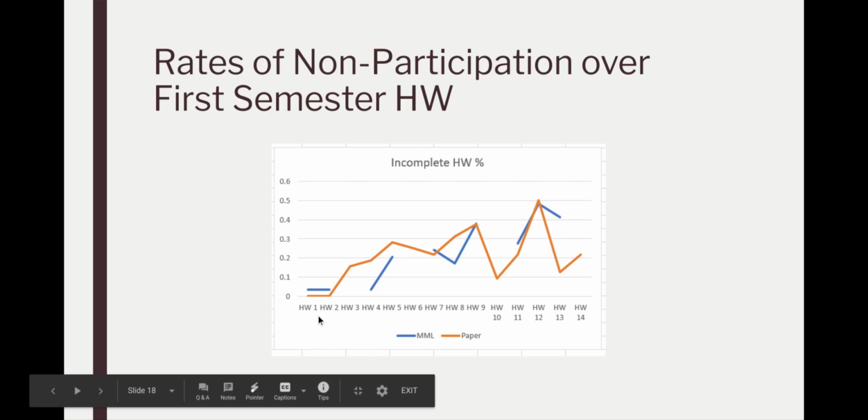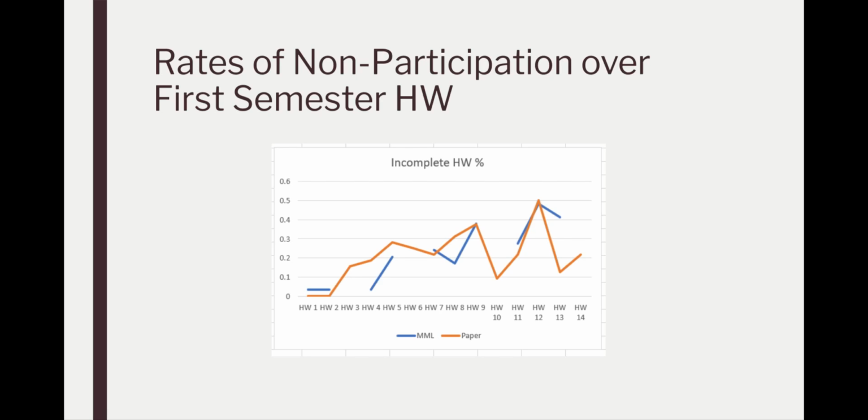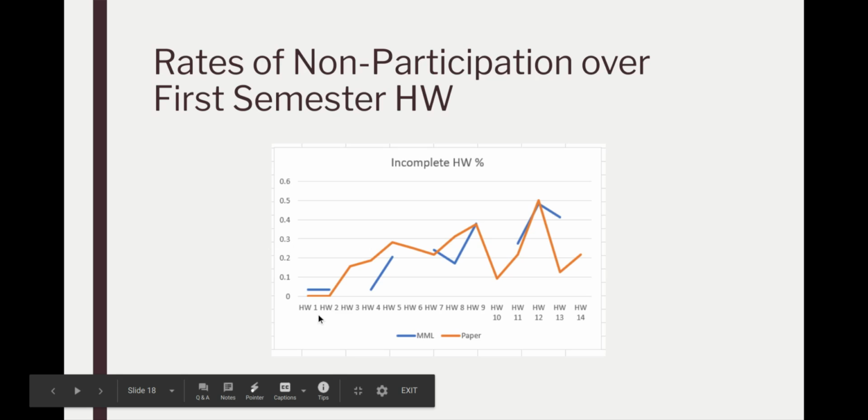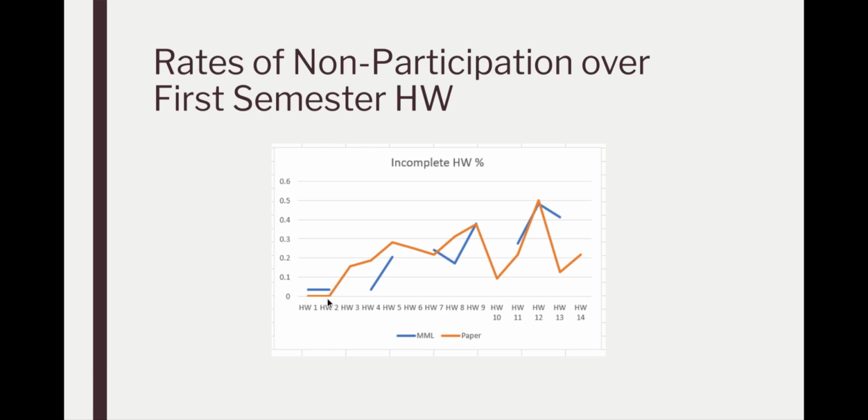Here at the very left-hand side, you can see that last year, for the sample size, which was, by the way, 32 last year, 29 this year, that is 32 paper, 29 MyMathLab, there was 100% completion for the first 2 homework assignments. So you see a 0% incomplete rate for the paper homework last year. Attributable to, let's say, a learning curve with the technology, there was a very low, it looks as though about 4%, incomplete rate for MyMathLab.